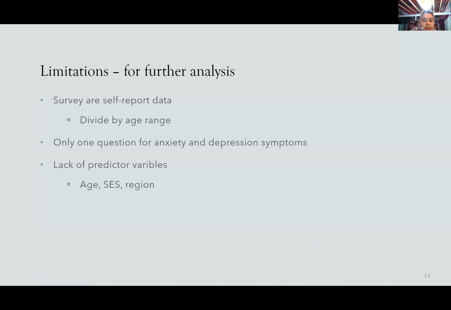And I also lacked predictor variables in my logistic regression. So it would be interesting to look at age or other demographic variables to see if they also have an effect on the prevalence of anxiety and depression in children. And that's it.